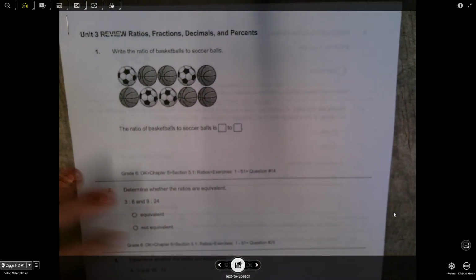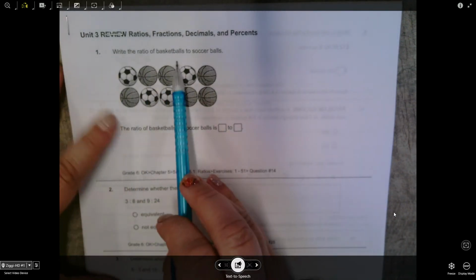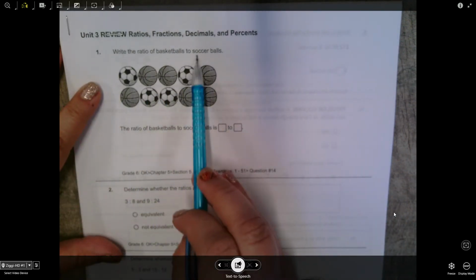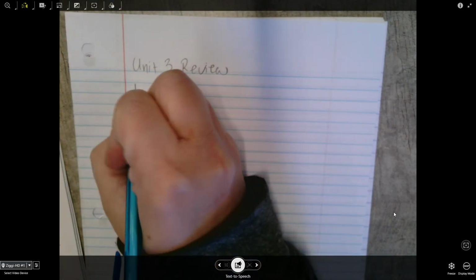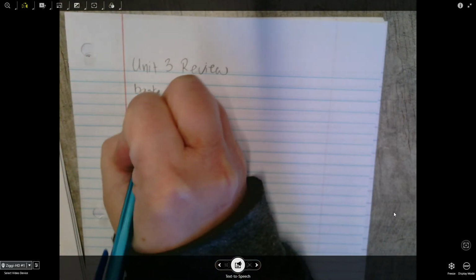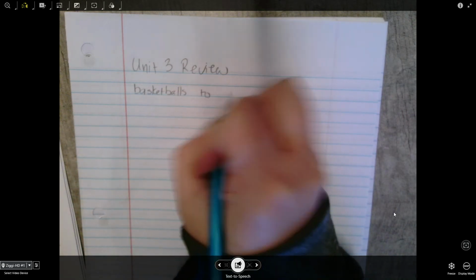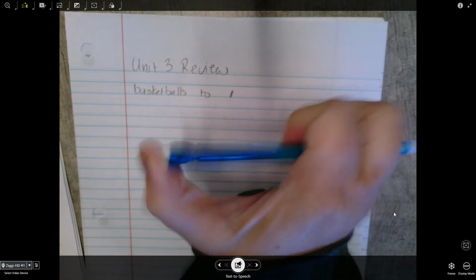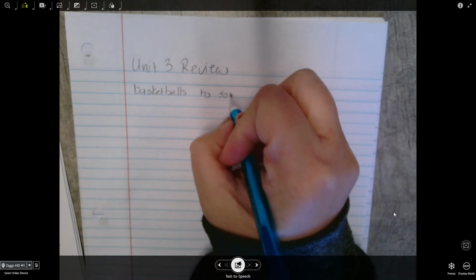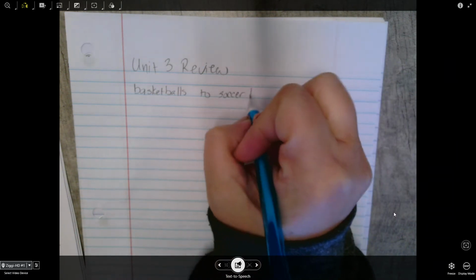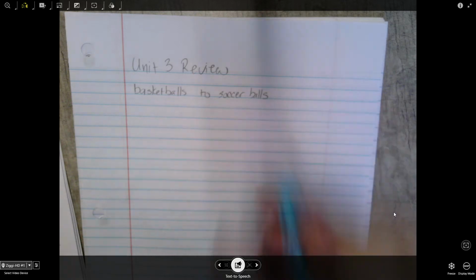Number 1, write the ratio of basketballs to soccer balls. Remember that the way that the question is written, basketballs to soccer balls, is the same way your ratio will be written, right?